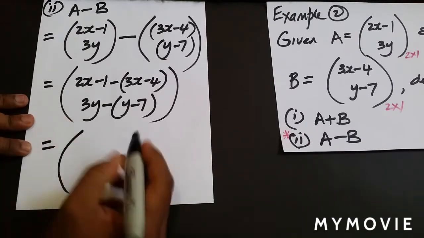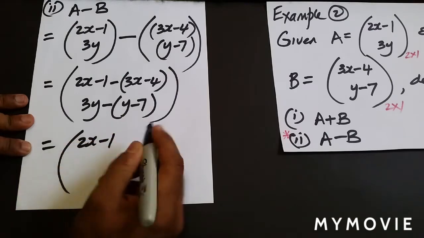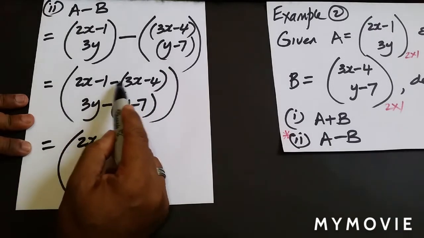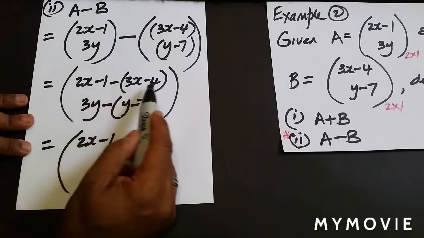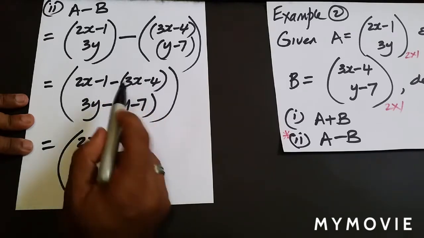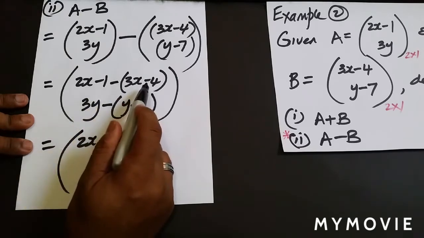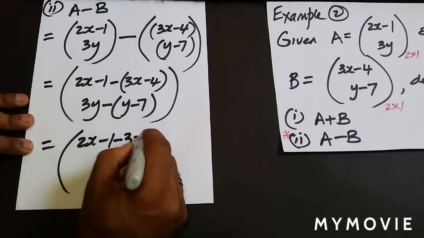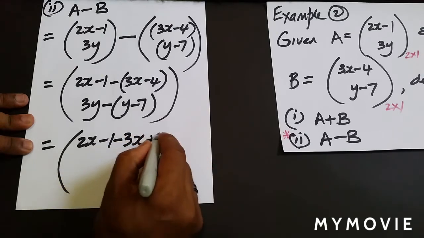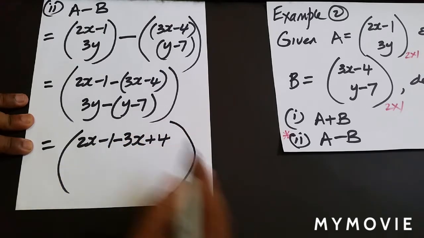So the next step now, that 2x minus 1. What this minus sign is going to do is change all the signs inside the bracket in order for us to remove the bracket. The minus sign is going to change all the signs inside the bracket, as you know from when we were doing expansion. So it's going to be minus 3x plus 4 right off the bat.